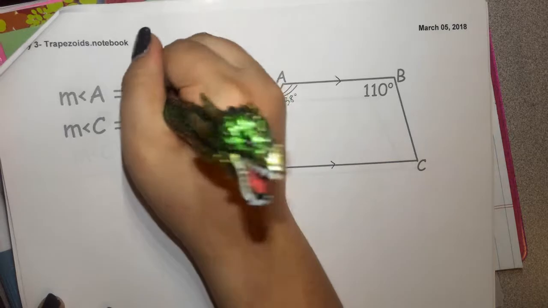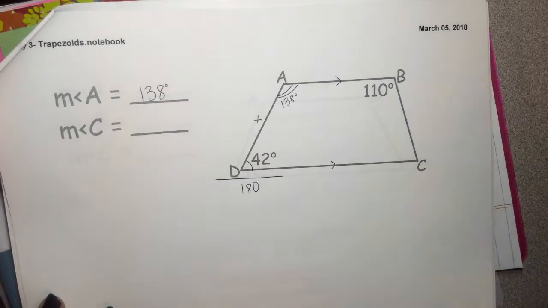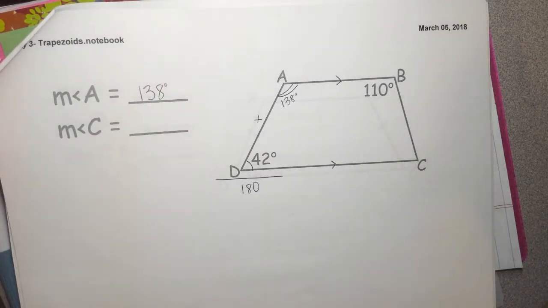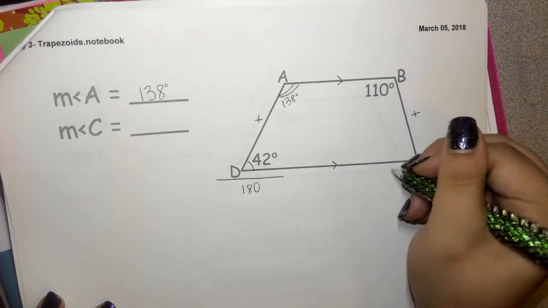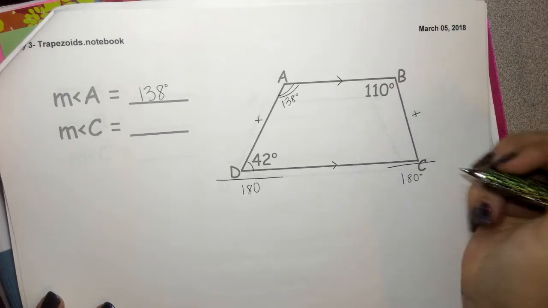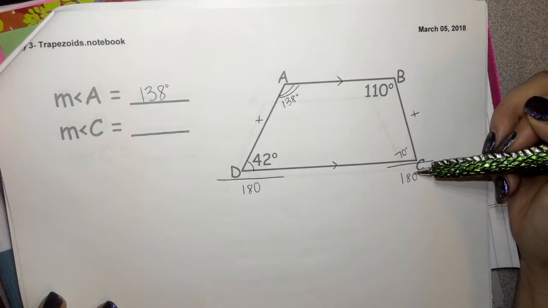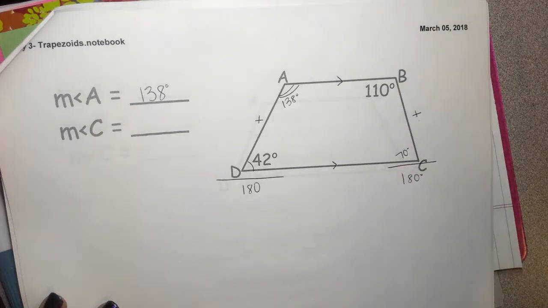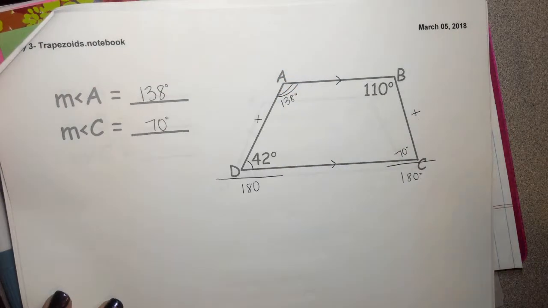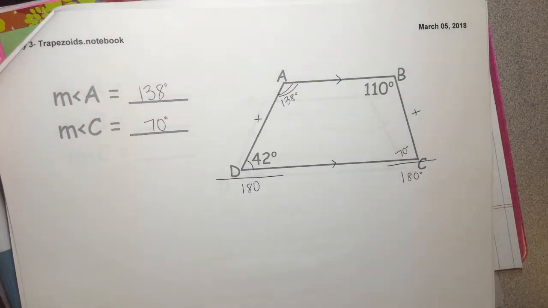What about angle B? So what is angle C then? Remember, they have to equal 180. So that's 70. That's just saying that this plus this should equal 180. Because they're in between the 2 parallel lines. They're SSIA. And that's that. Any questions?